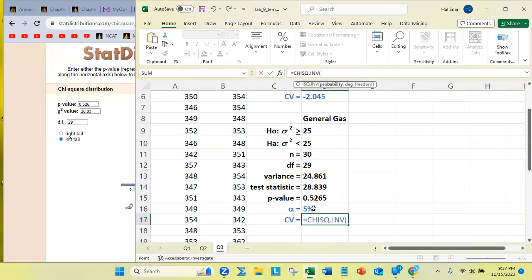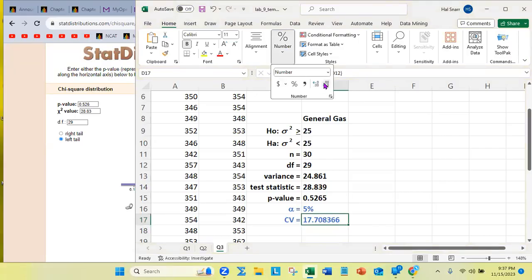And then we're going to click on the probability value that corresponds to the area in the lower tail of the distribution, which is our significance level. And we're going to click on the degrees of freedom and then hit enter. And we get something close to what statdistributions.com gave us, right? But we need 3 decimal accuracy, not 2. So now we got the answers to our test here.